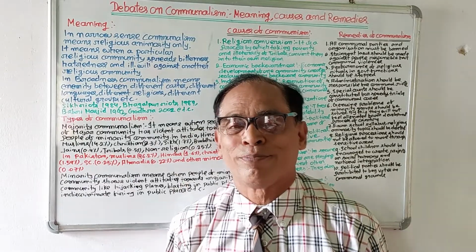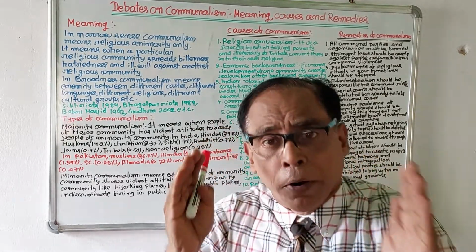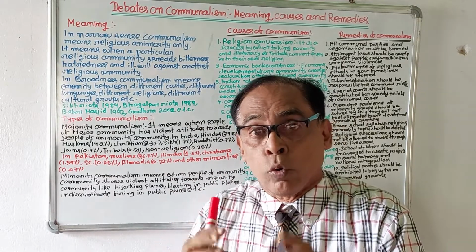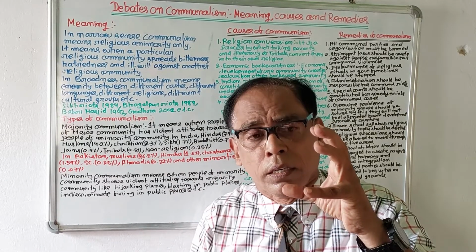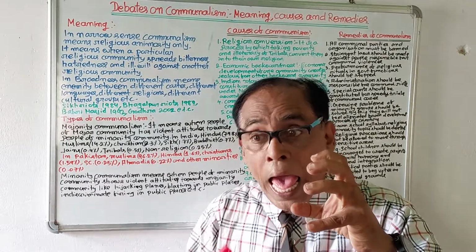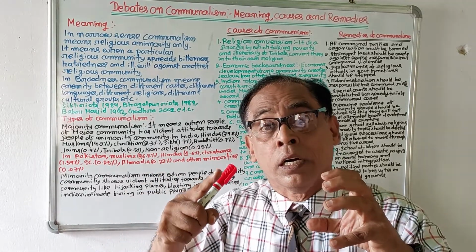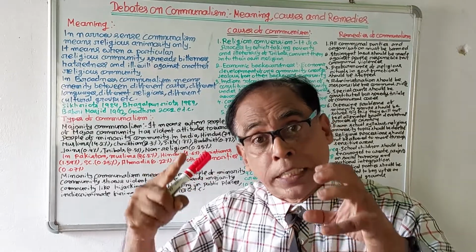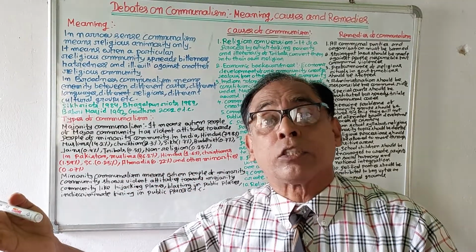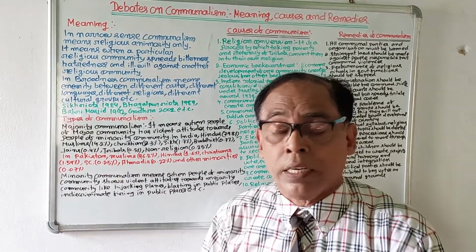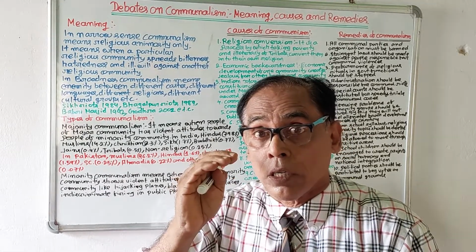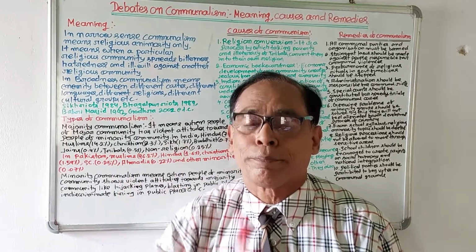in narrow sense. So in narrow sense, communalism means whenever a particular religious group has animosity or has bitterness or a feeling of violence towards another religious community, it is known as the communalism in narrow version.